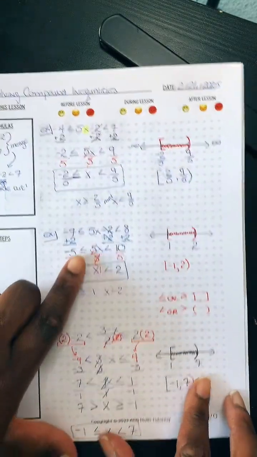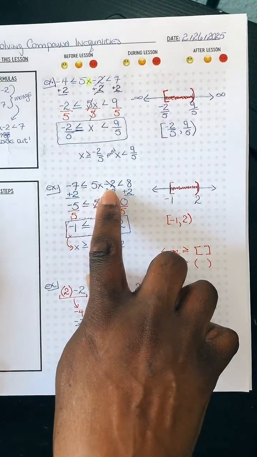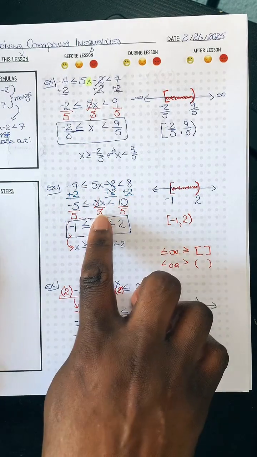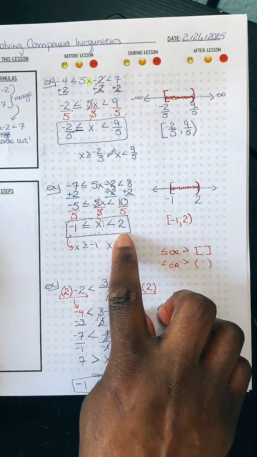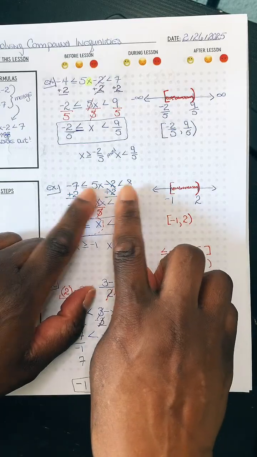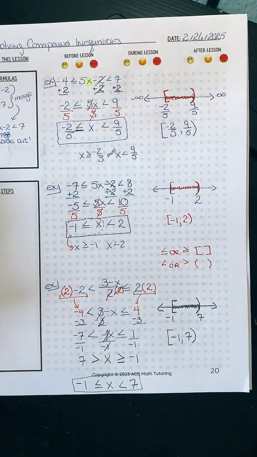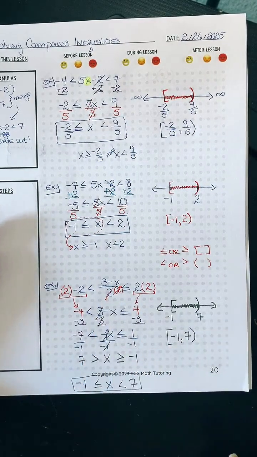So if it's like this problem here, we had to add 2 to all 3 spots, and then we divide it by 5 in all 3 spots to get our answer. So you always got to work from the inside out. You're either adding and subtracting first, unless it's a fraction, that means you're multiplying first.